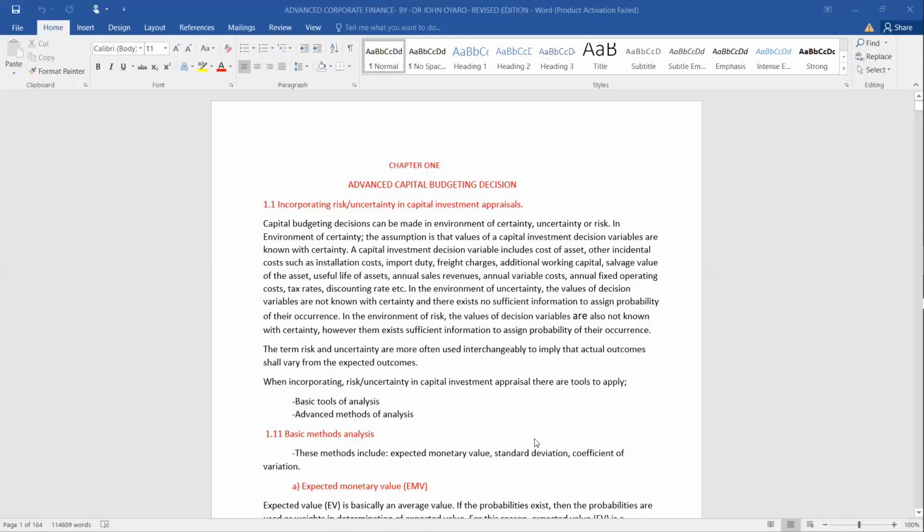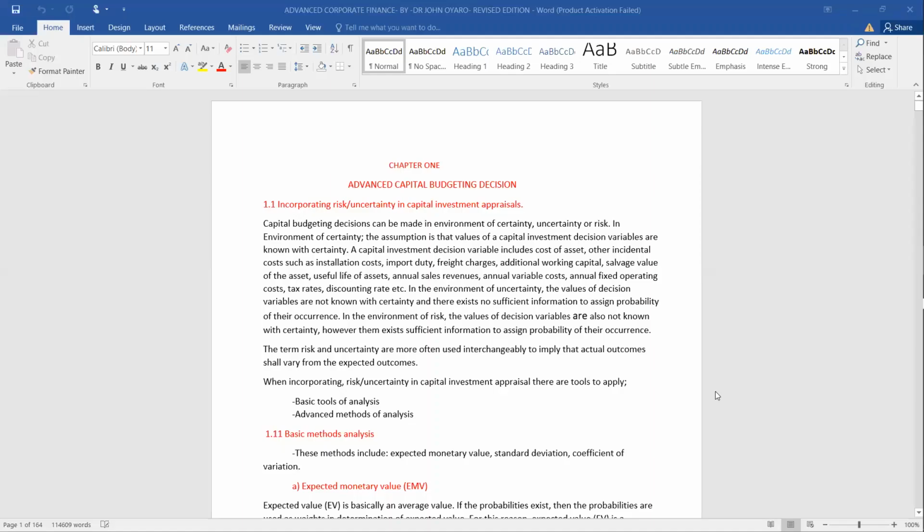An optimal capital structure is an optimal mix of the various elements of the firm's capital structure.